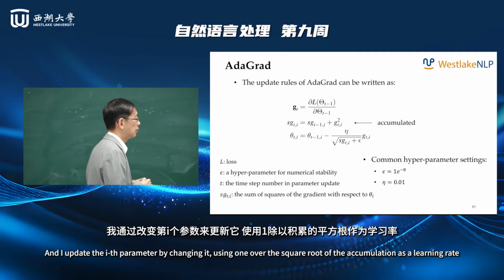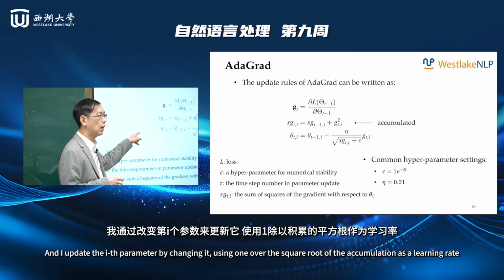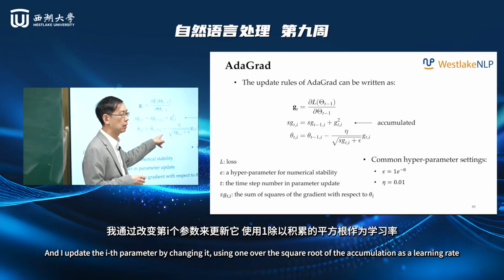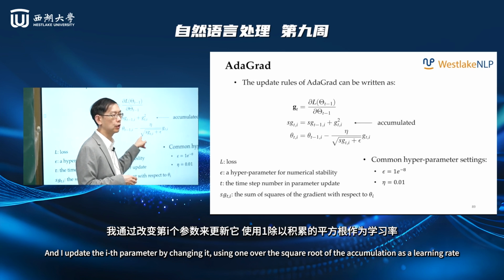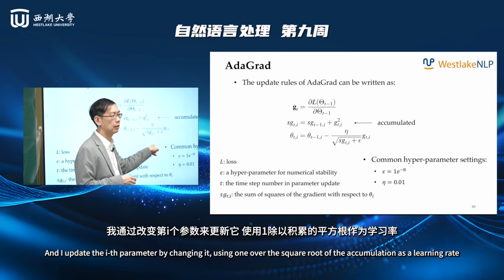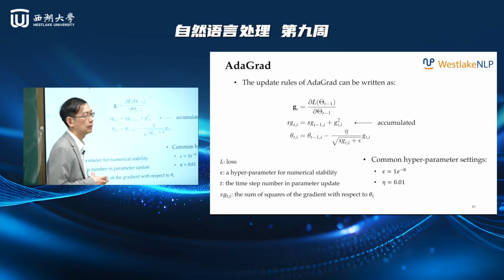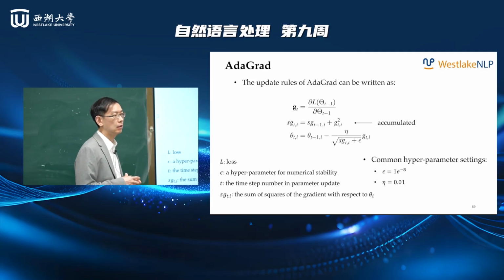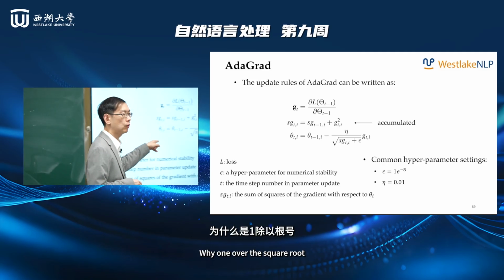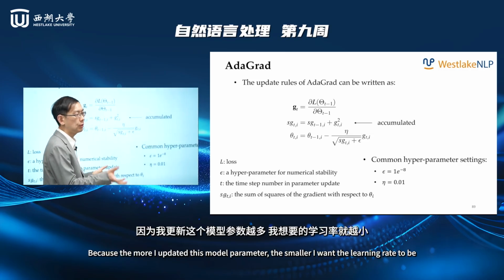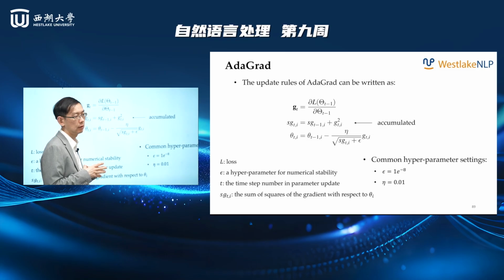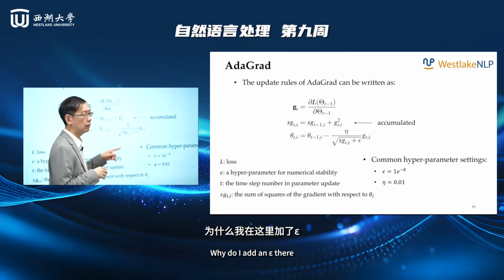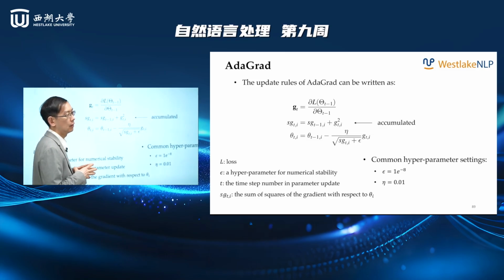And I update the ith parameter by changing it using 1 over the square root of the accumulation as the learning rate. Why 1 over the square root? Because the more I updated this model parameter, the smaller I want the learning rate to be. Why do I add an epsilon there?